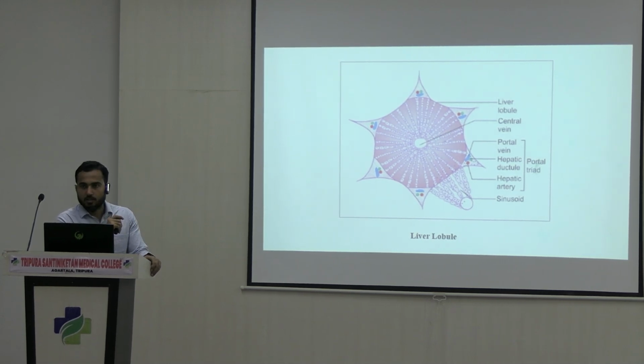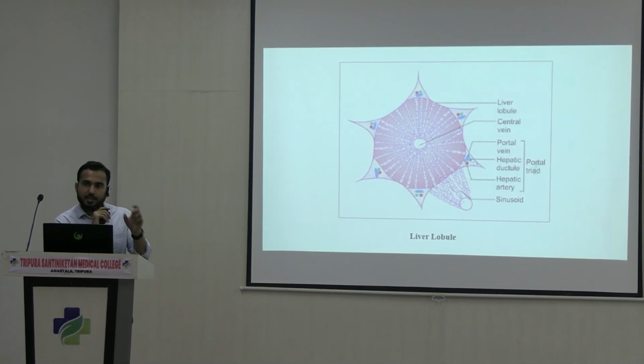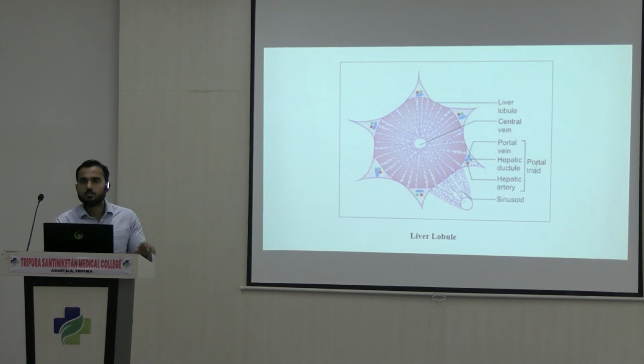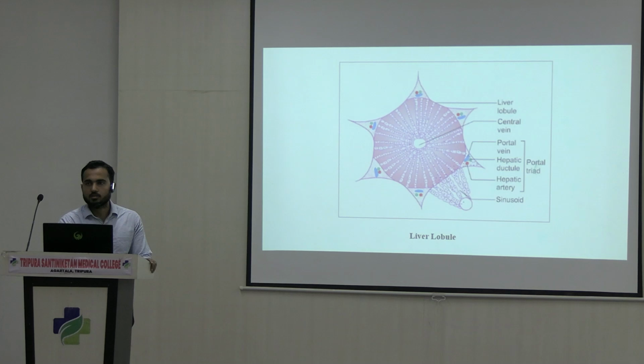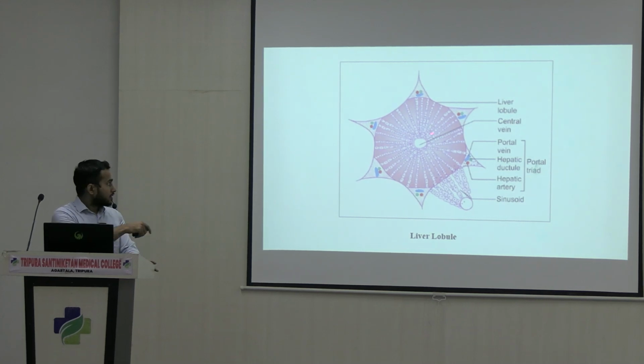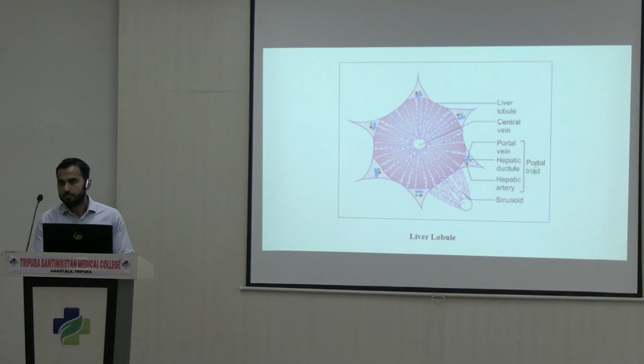Along with the portal triad, the connective tissue covering will also be there, and this portal triad is present inside the portal canal, through which these structures are passing. So this is the classical liver lobule.